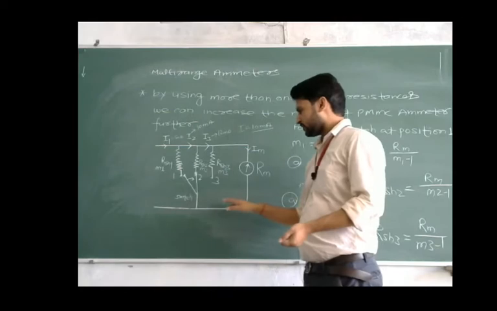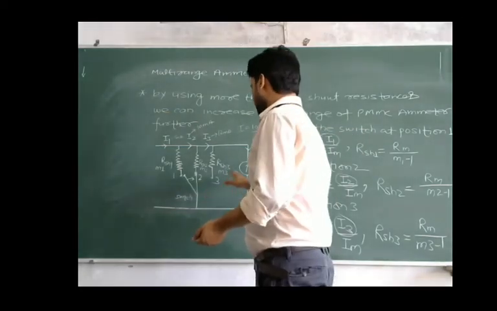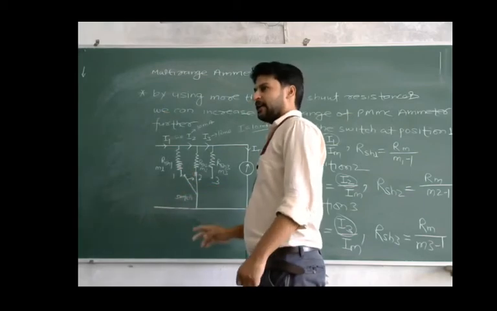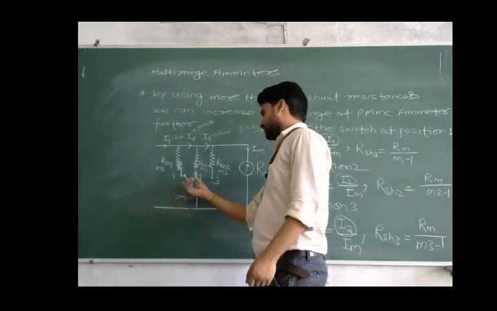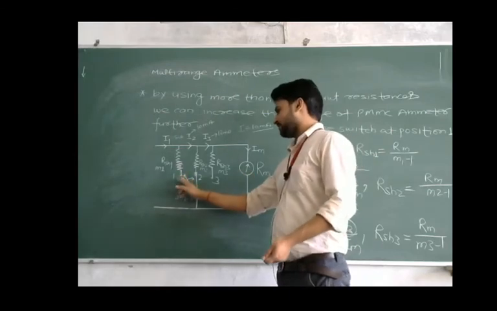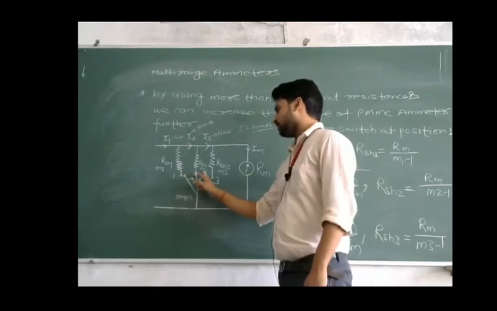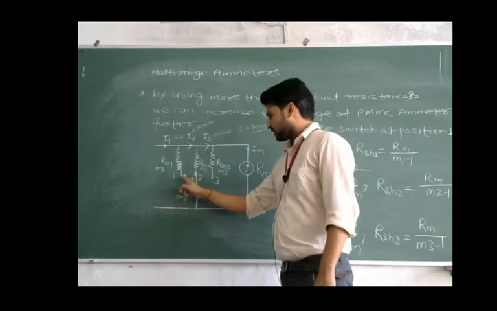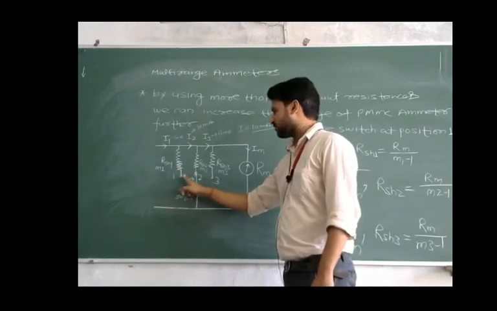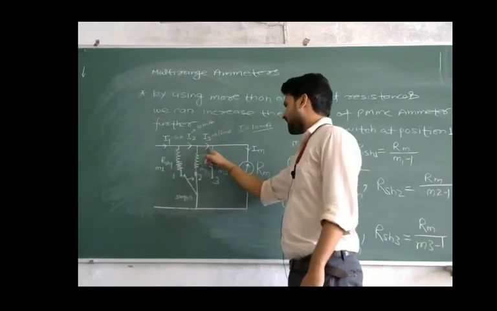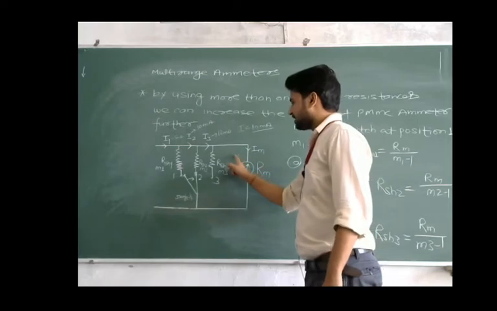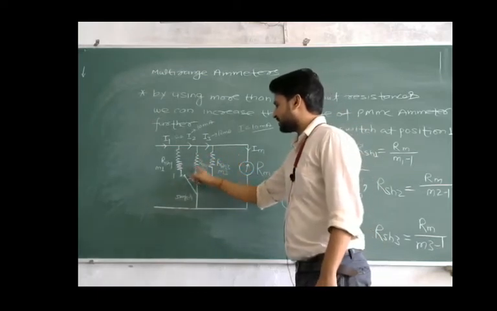So to remove this situation, a special switch is used which is called a make before break switch. When the switch leaves position 1, the total current passes through the PMMC instrument because no shunt resistance appears immediately.